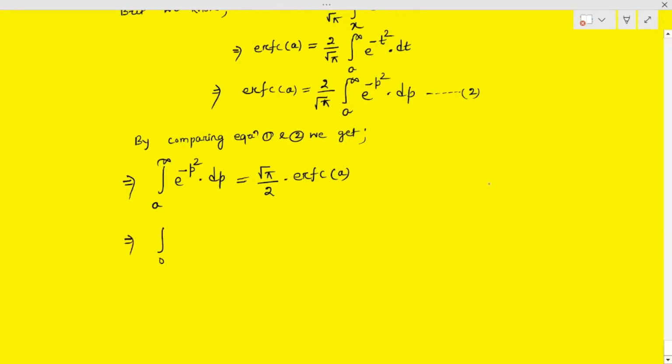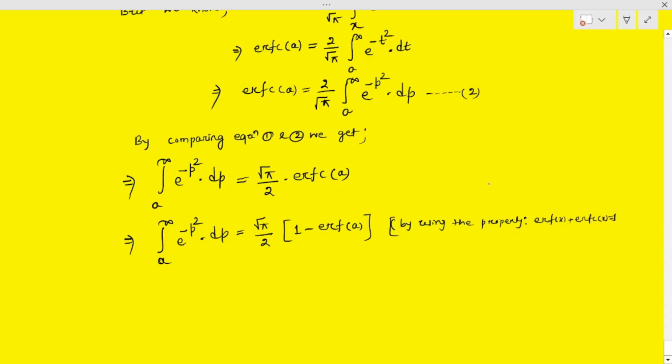That implies the integral from a to infinity of e to the power minus p square dp equals root pi by 2 into 1 minus error function of a, by using the property that error function of x plus complementary error function of x equal to 1.